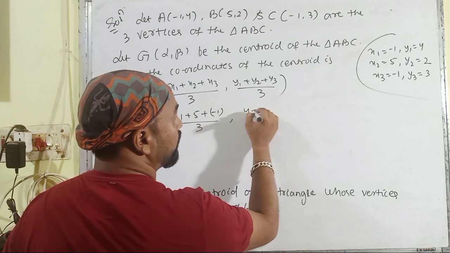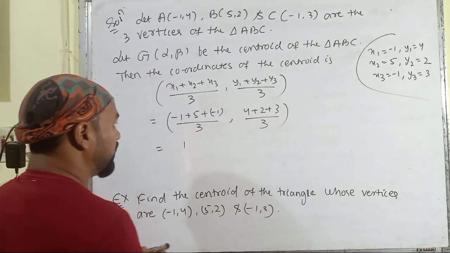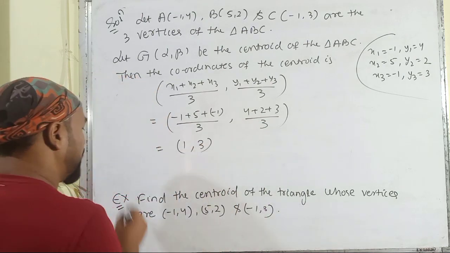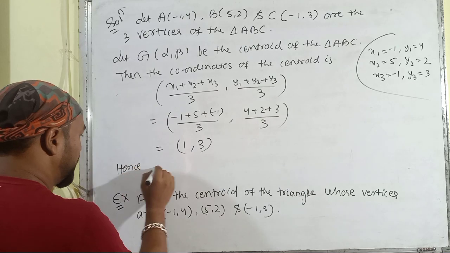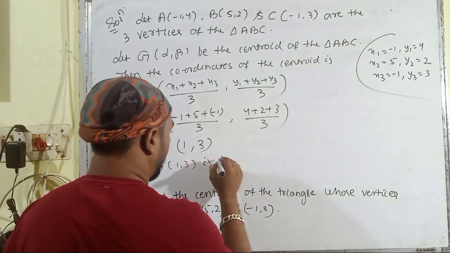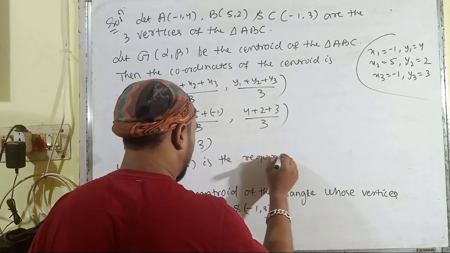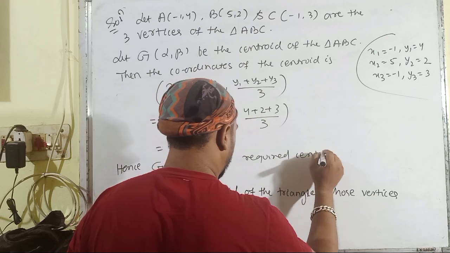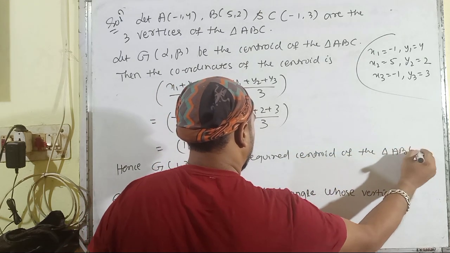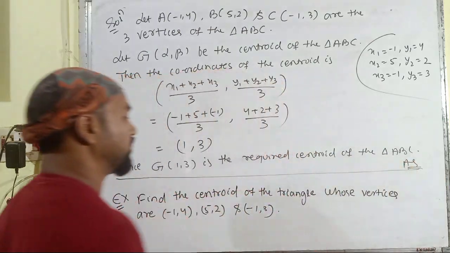Then it is (4 + 2 + 3) divided by 3. So it is 1 and the rest of the value is 3. Hence G(1, 3) is the required centroid of the triangle ABC, and here is your complete answer.